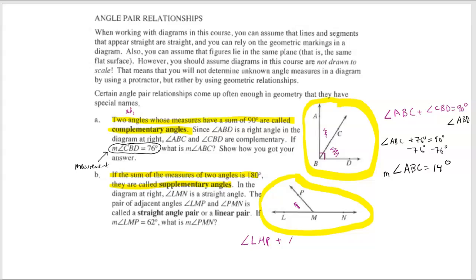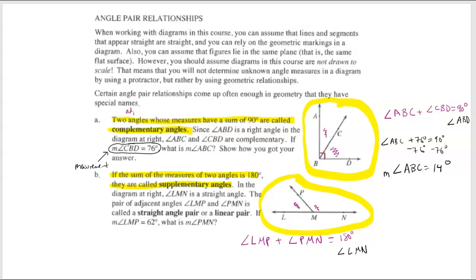I can add that to angle PMN. So now I'm talking about that angle right here. Together, they form 180. So 180 also has another angle. It's all on the same line, LMN. Now, when something is on the same line, they actually have a very specific name.